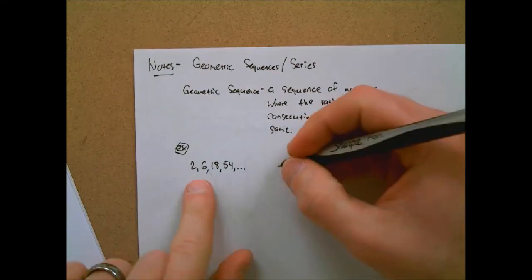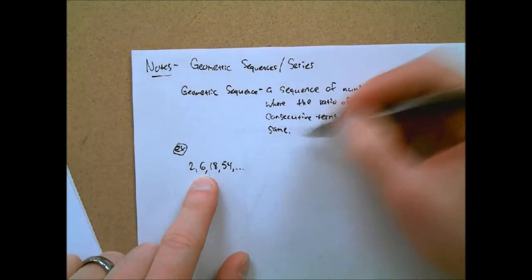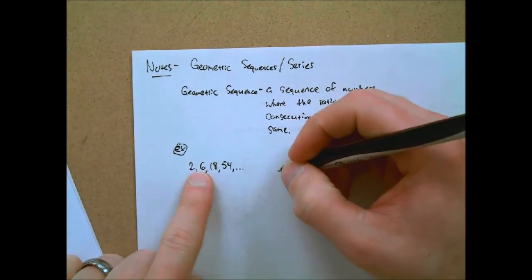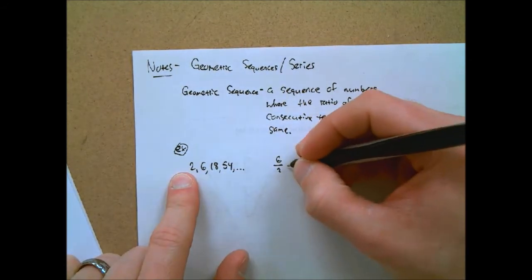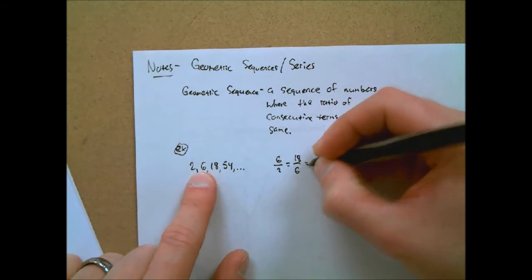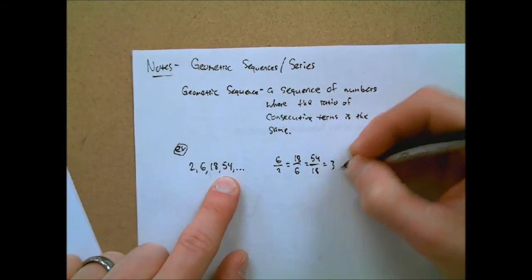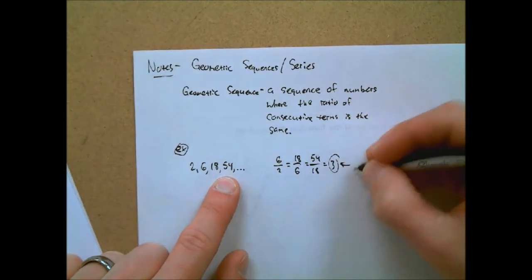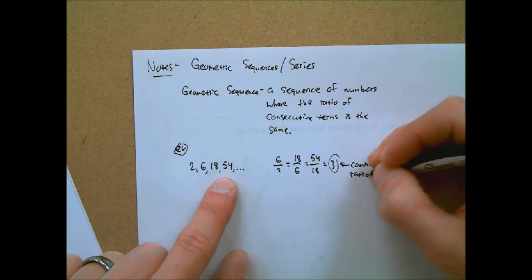So yeah, it's times 3 here. So again, you could also talk about this common ratio idea. So for example, if I take my term 6 and divide it by the previous term, 2, that's going to be the same as 18 divided by 6, which is the same as 54 divided by 18. They all equal 3. So then that makes 3 our common ratio. Or as Grant said, we're just multiplying by 3 every time.